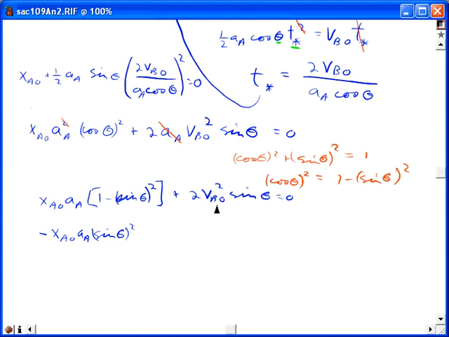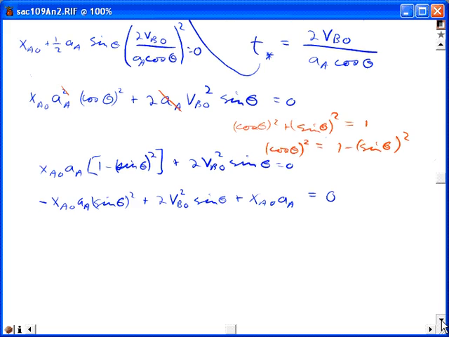I want to save this one for last because that's a constant term. So plus 2 VB0 squared sine of theta. And then plus this term times 1, so just this quantity right here, x A0 times a sub A. That's all got to be equal to 0.